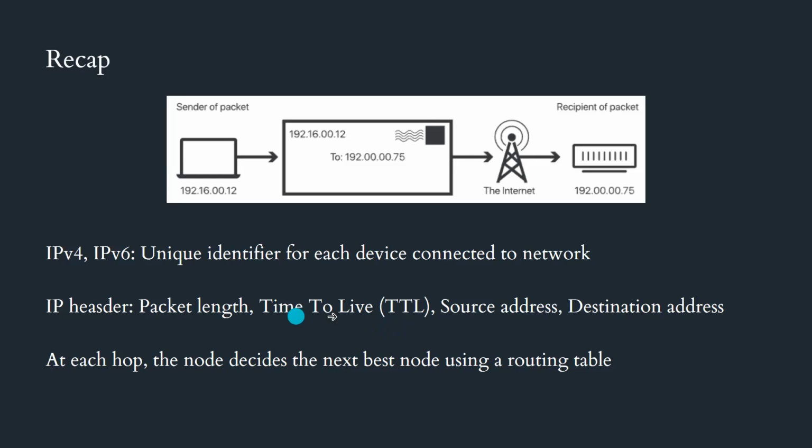So therefore we define TTL and packet length, source address, destination address in the packet that we send. These kinds of standards allow us to send our data reliably from a source node to a destination node.